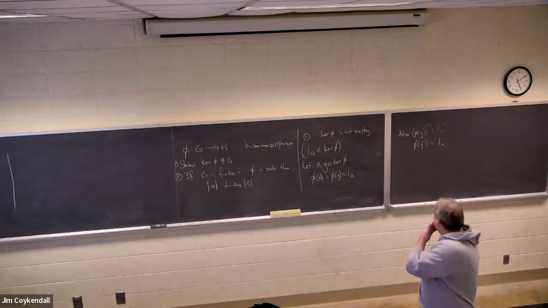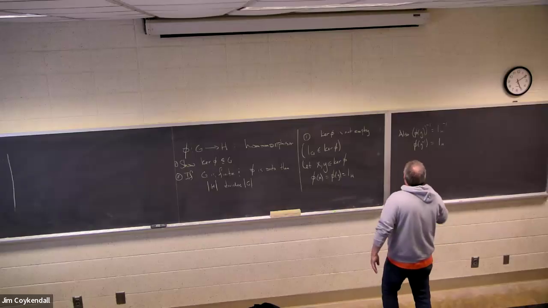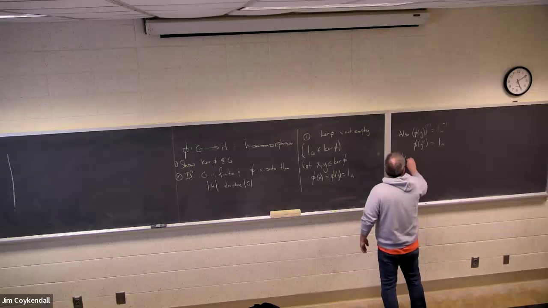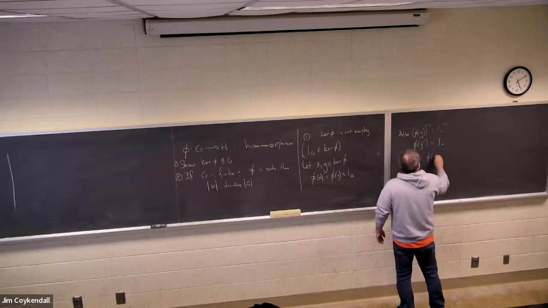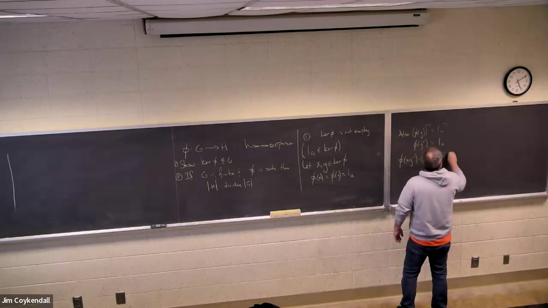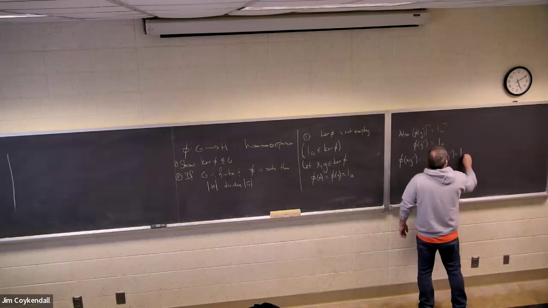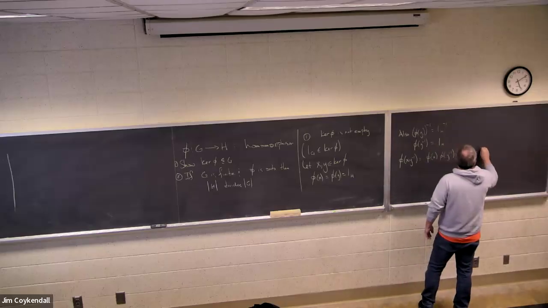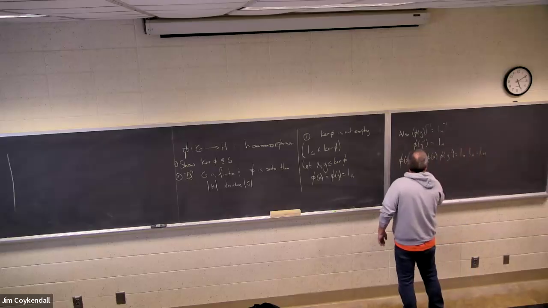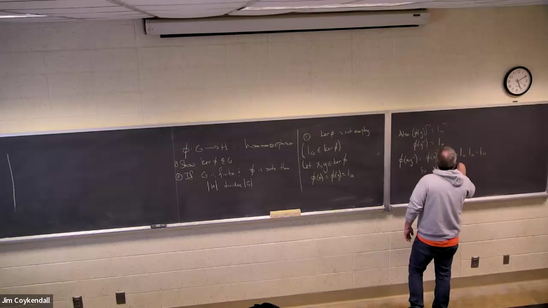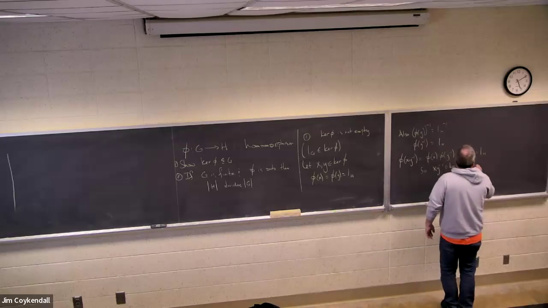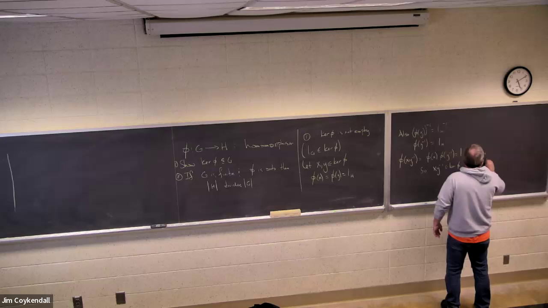Everybody cool with it? So now let's put this together. If you look at phi of x y inverse, this is phi of x times phi of y inverse, which is the identity of H times the identity of H. So x y inverse is in the kernel of phi. So the kernel of phi is a subgroup.